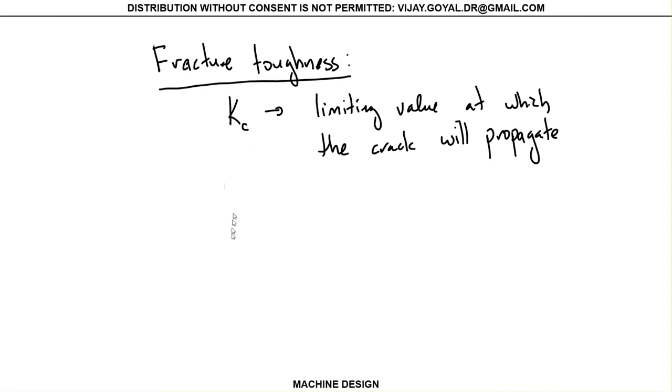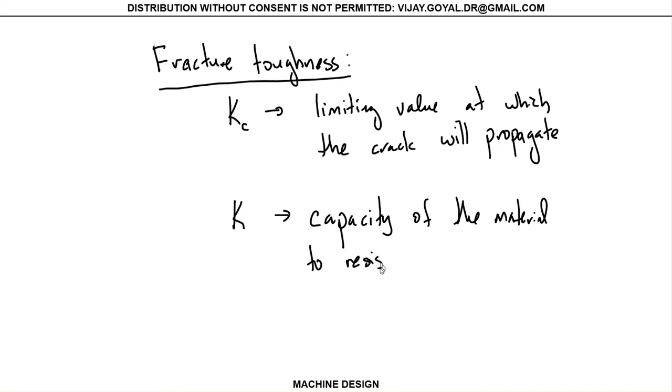Now, what we call the fracture toughness of the material, the K, is the capacity of the material to resist crack growth. Okay, and then what we do here is at the bottom we can have subscripts.